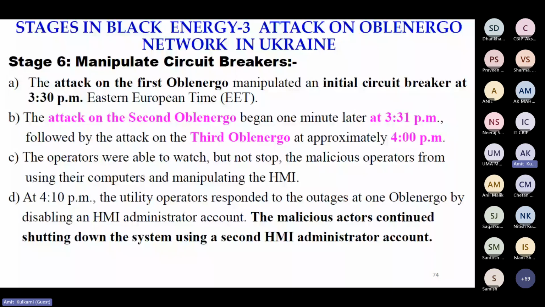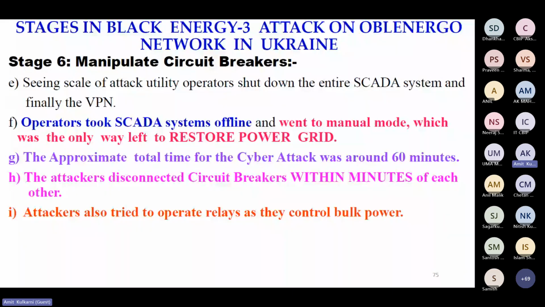But the smart thing they did, at 4:10 p.m., was that a utility operator responded to the outages at one of the Oblenergo by disabling the HMI administrator account and shutting down the system. But the moment this was done, the smart attacker used another HMI administrator account to get access, and it continued working.